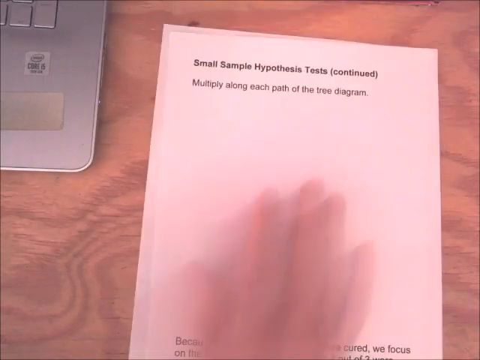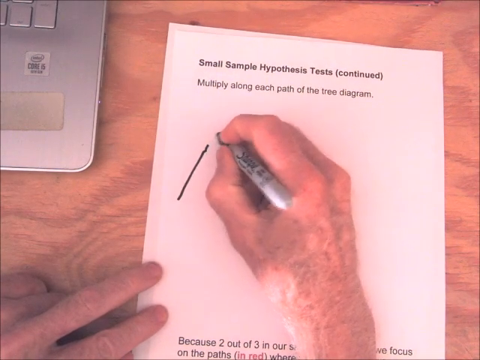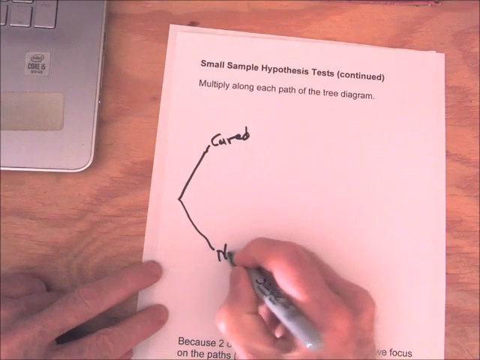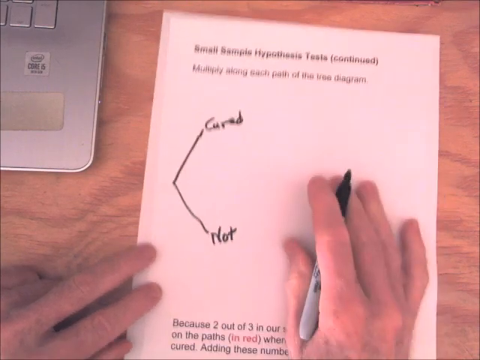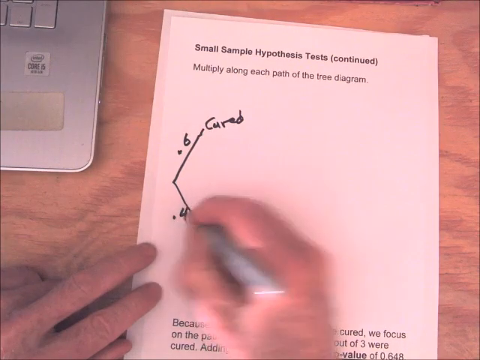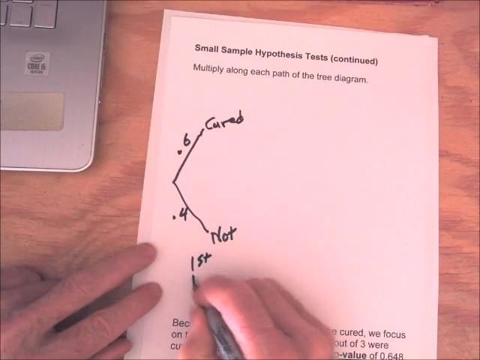Okay, so let's set up the tree diagram. The first patient is either cured or not. If H0 is true, they have a 0.6 chance of being cured and a 0.4 chance of not being cured. So that's the first patient.